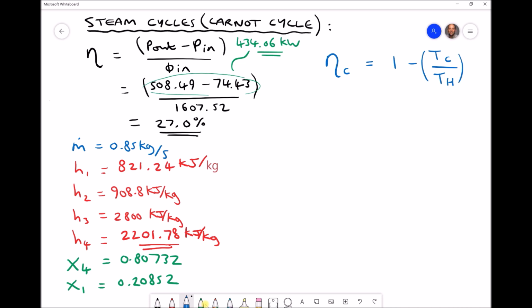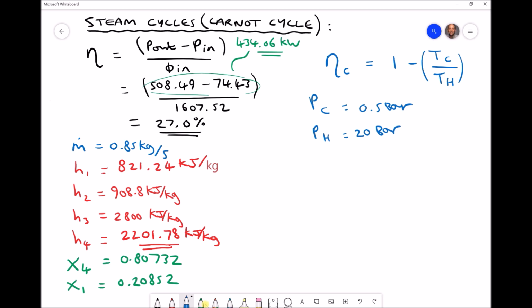Note that each of those temperatures need to be in Kelvin. So we know that our low cycle temperature occurs in the condenser, and we know that the pressure that corresponds with the low cycle temperature is 0.5 bar because that's our condenser pressure. And we know that the pressure that corresponds with our high cycle temperature in the boiler is 20 bar.